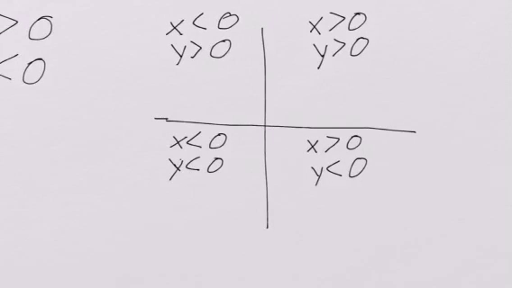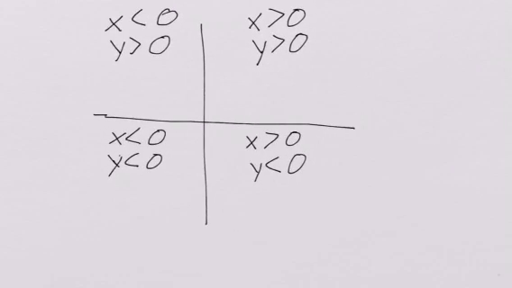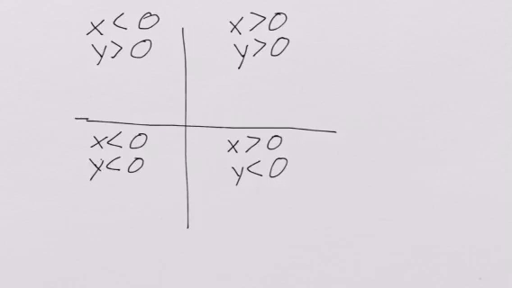So, the three trig functions that we have to deal with are sine, which is equal to y over r, cosine, which is equal to x over r, and tangent, which is equal to y over x.